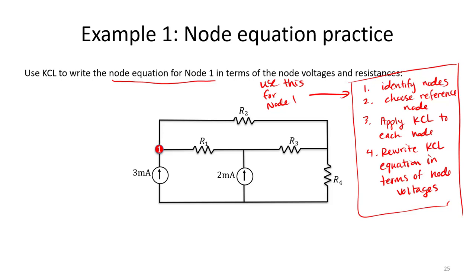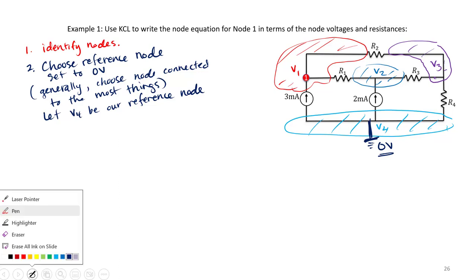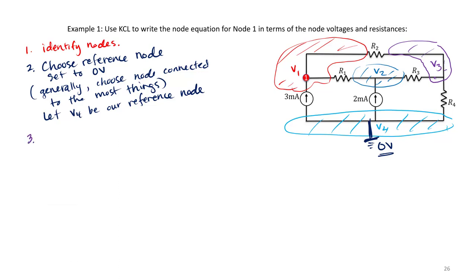Now it's time to apply Kirchhoff's current law. In this case, we only need to apply Kirchhoff's current law to node 1 because we are only looking for the node equation of node 1.